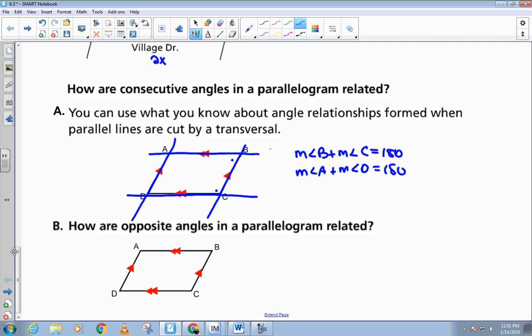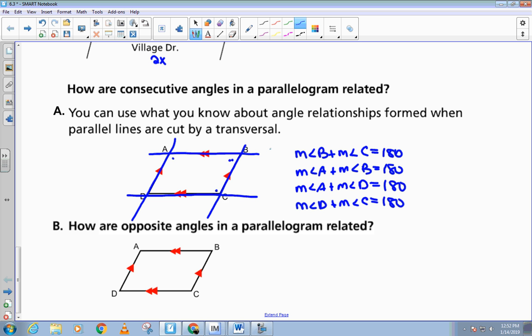These two are supplementary, then these two are supplementary. So the measure of angle A plus the measure of angle D equals 180. And then the final pair, the measure of angle D plus the measure of angle C equals 180. My same side interior angles are supplementary all the way around, right? Because we've got parallel lines cut by a transversal.